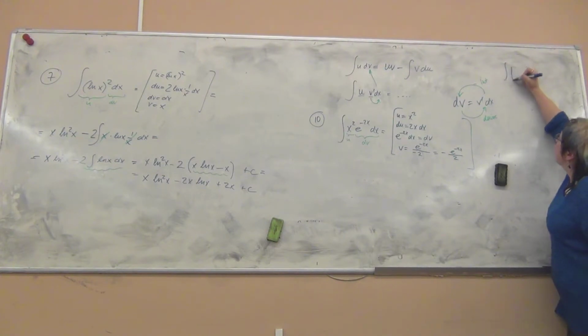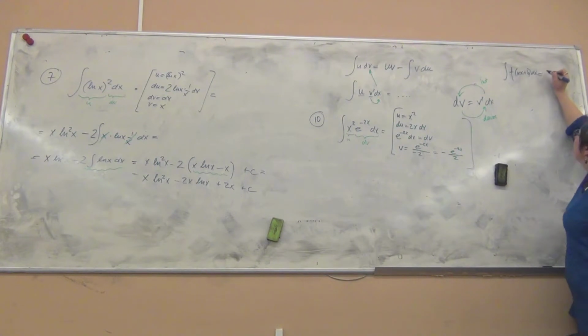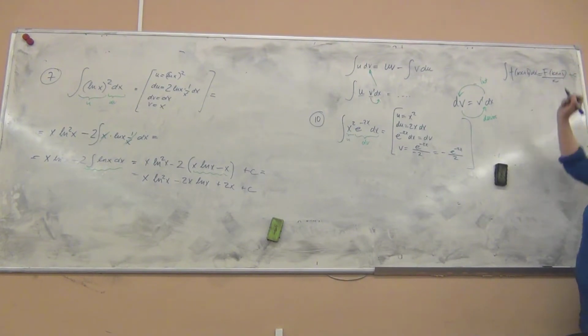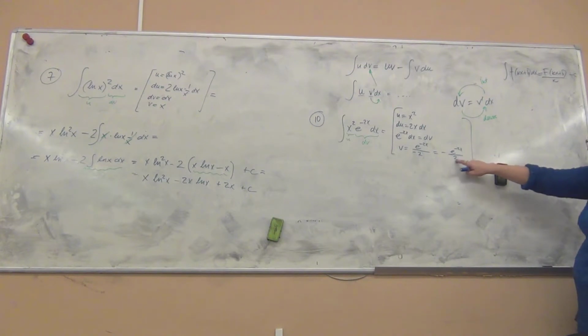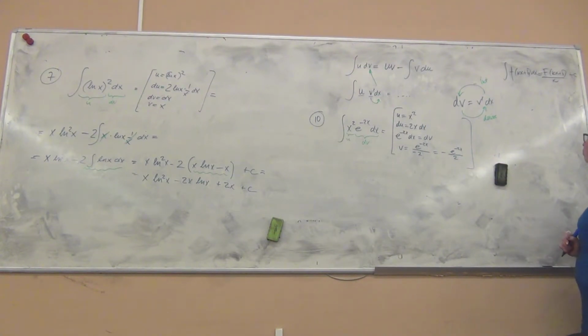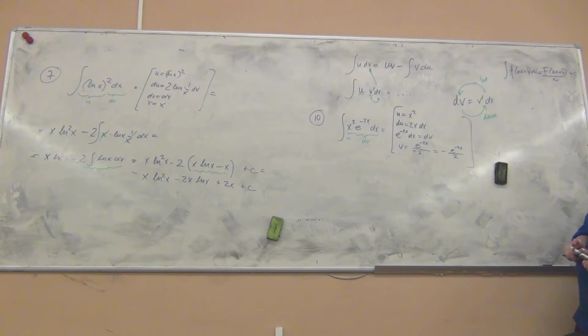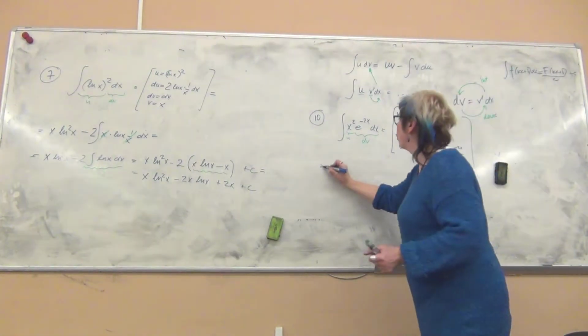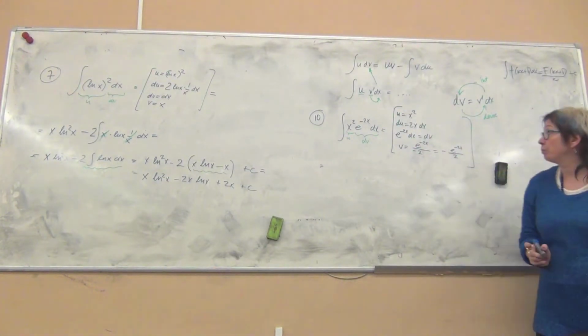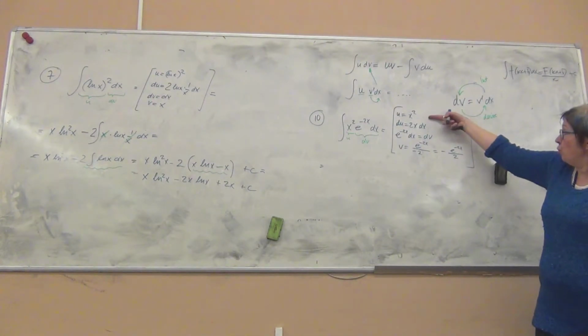So if you integrate a function of a linear function, kx plus b, dx, the primitive function is the same plus a constant, but you have to divide by that constant k. So because I have minus 2x, I have to divide by minus 2 when I integrate. That was one of the first rules. Okay. Now, uv.